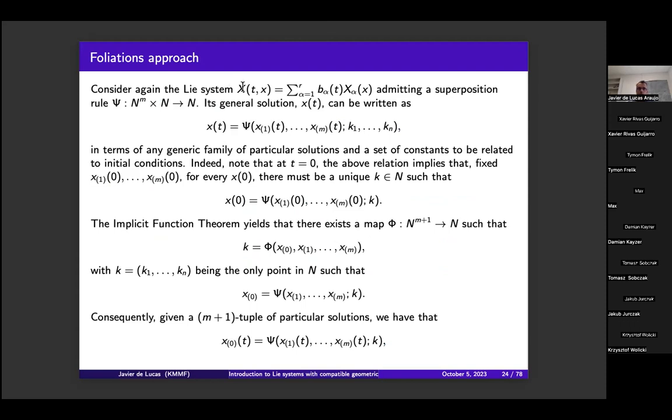So imagine that you have your Lie system, you have your superposition rule, and as for a superposition rule, the general solution can be written this way: a certain function of n particular solutions and a certain set of n parameters. These are, for example, the coordinates of a point on the manifold.